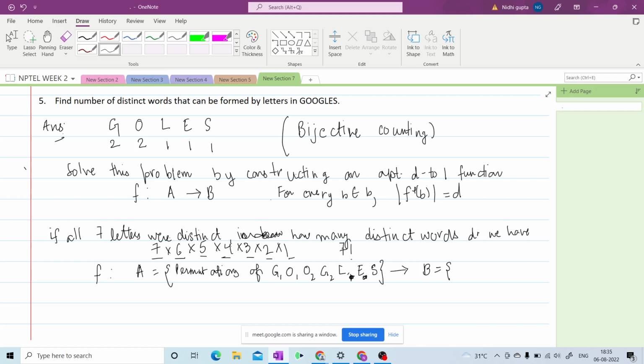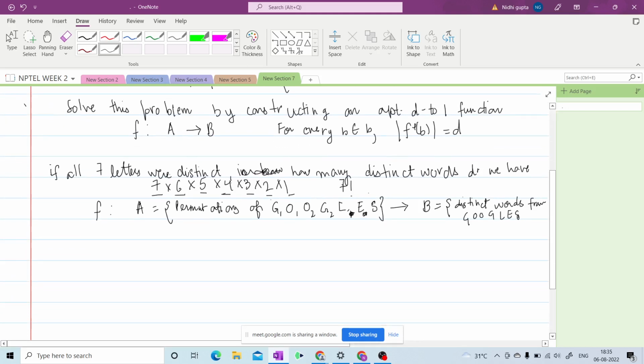So I'm taking my B to be the set that we want to calculate, which is the distinct words from goggles. Okay, so any suggestion for the function? What can our function be?